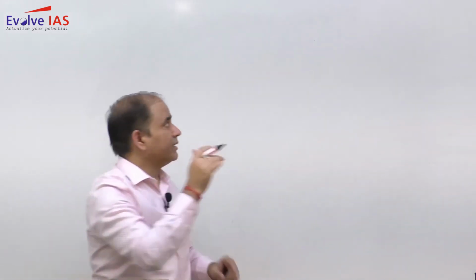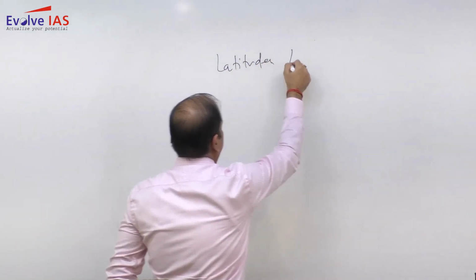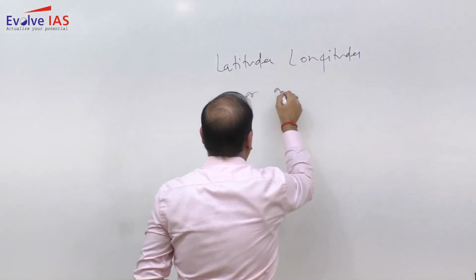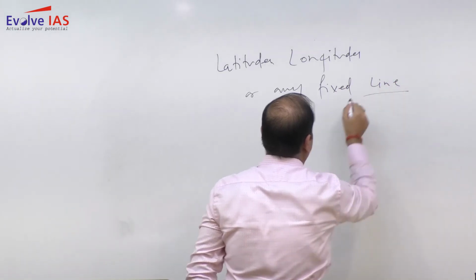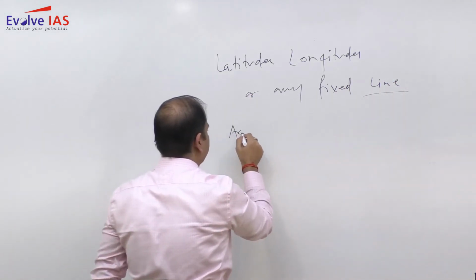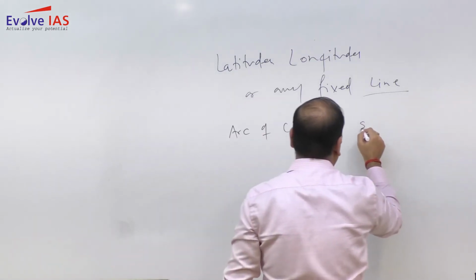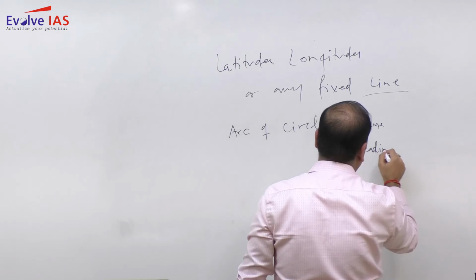But as far as this question is concerned, the geometric boundary is the boundary that is represented by latitudes, longitudes, or any fixed line. Even the arc of a circle having the same radius is also part of a geometric boundary.